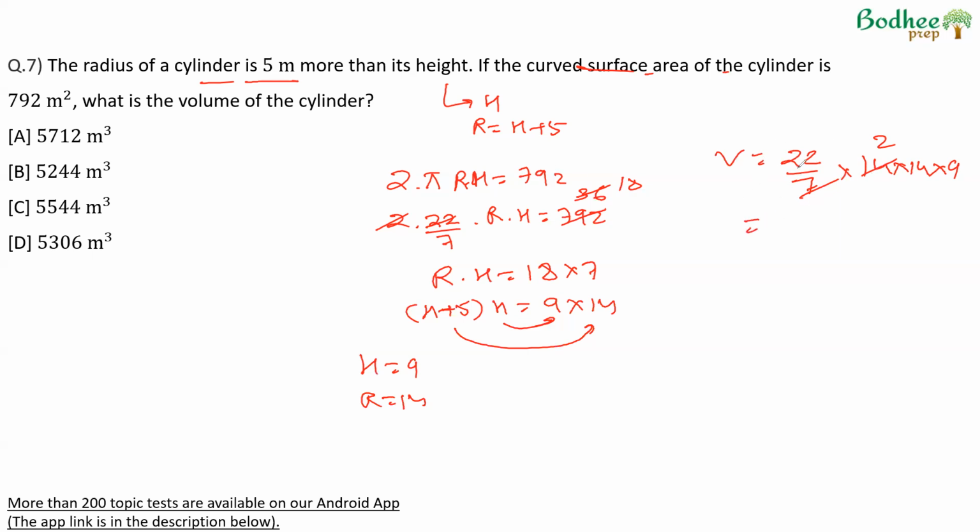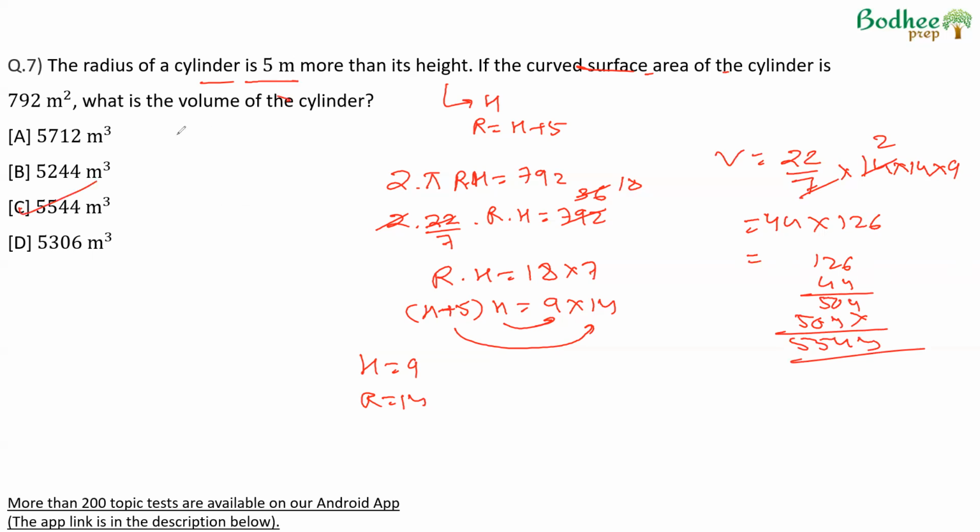If we multiply 44 into 14 and 9, 9 4s are 36, and 126. 126 and 44 will be 126, 44, 480, 504, which comes to 5544. Option C becomes my answer.